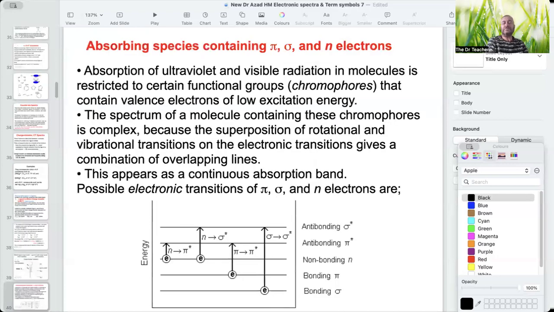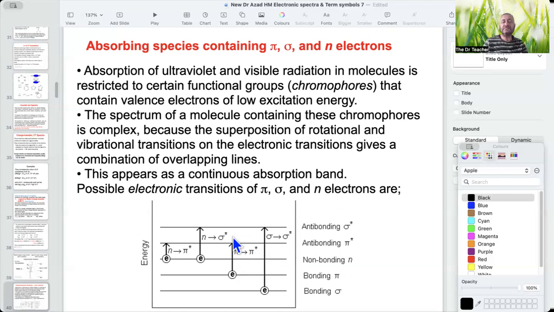Absorption by species containing pi, sigma, and n electrons. n means lone pairs. So here you can see n to pi star, which means lone pair to the pi star. You have lone pair to sigma star, and we have movement of pi electrons to empty pi star, or sigma occupied orbitals to sigma star empty.